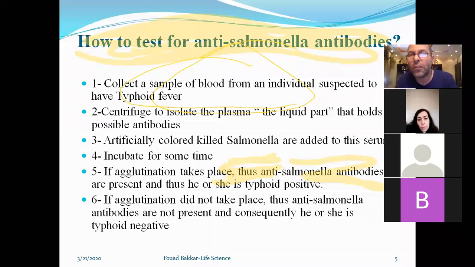I have to centrifuge to get the plasma, because if you react to somebody's antigen, what should we have in our body that confirms my infection? Who can tell me the answer? What could be the item that I have to look for to confirm whether I am typhoid positive, or COVID-19 positive, or maybe HIV positive?